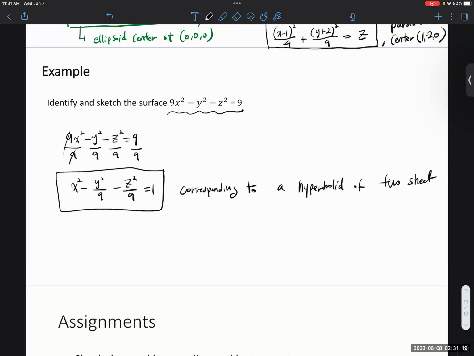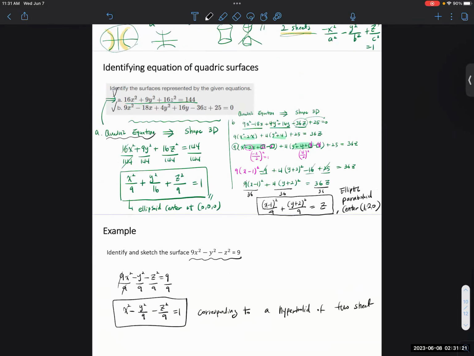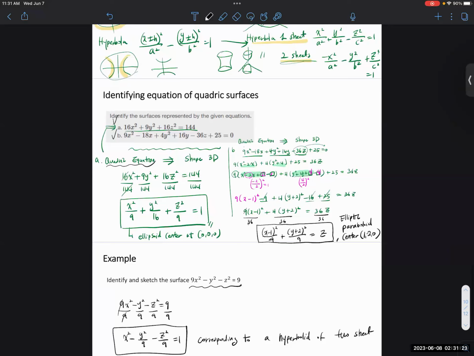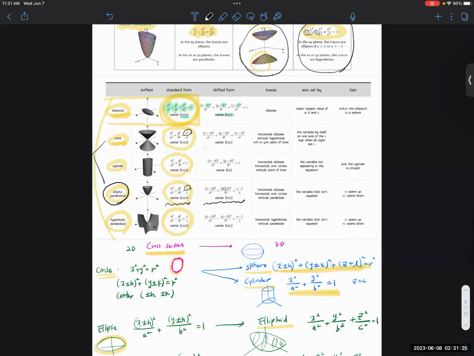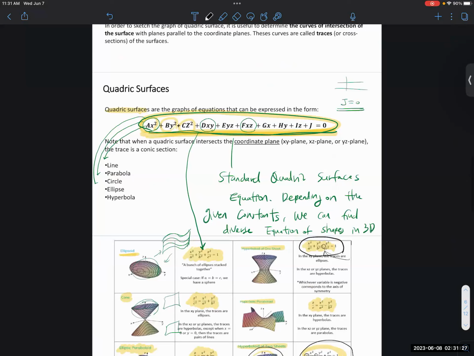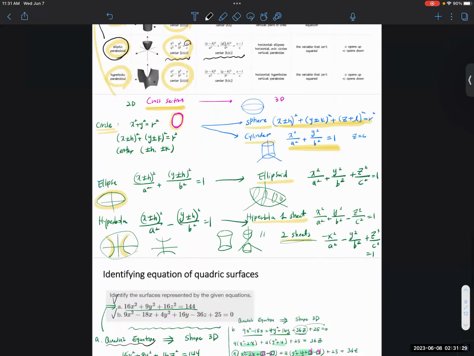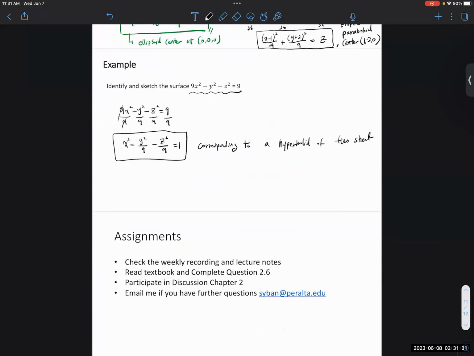Okay, so think about it. You can solve this type of question in a simple way. The quadric surface equation will be given, and your job is to simplify and match which image and equation correspond to each other. Okay, so that's what it is.